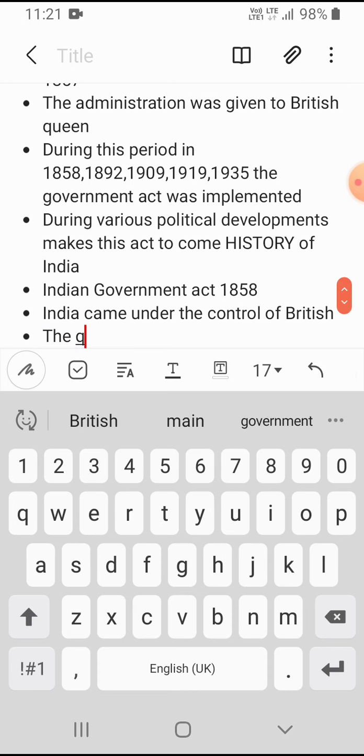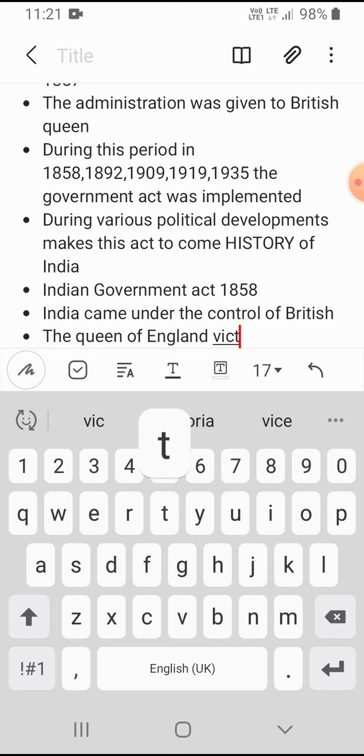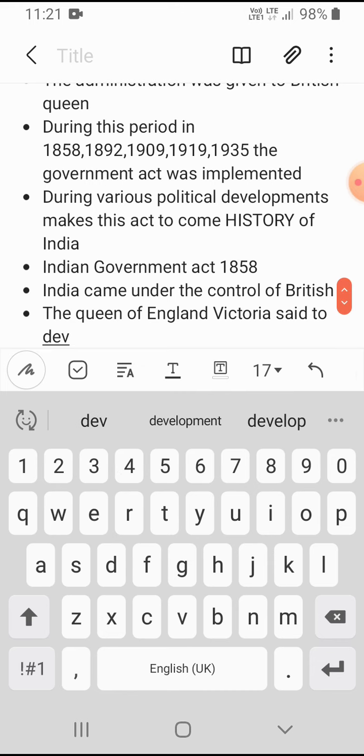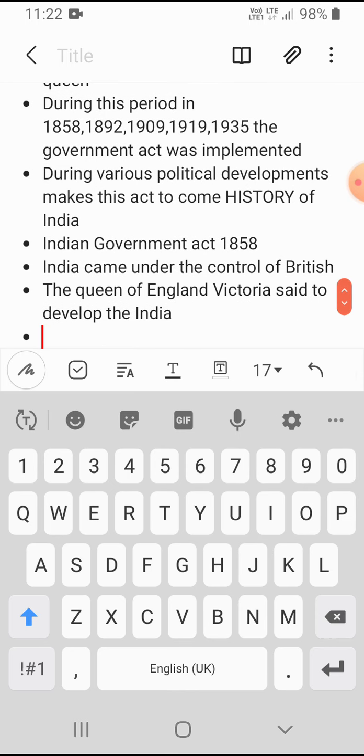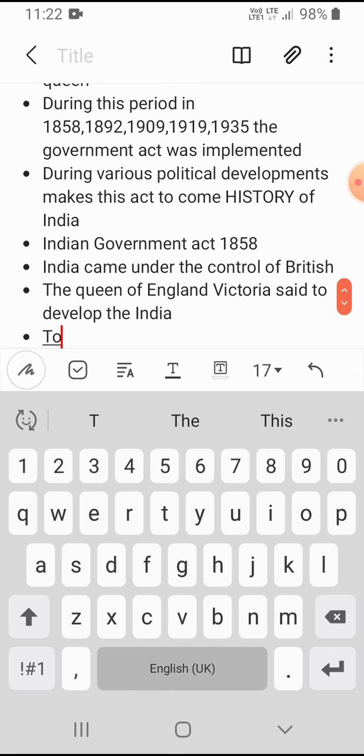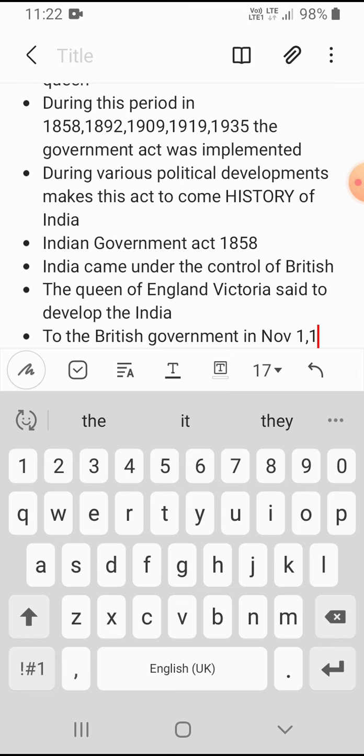And the Queen of England, Victoria, said to develop India to the British government on November 1st, 1858.